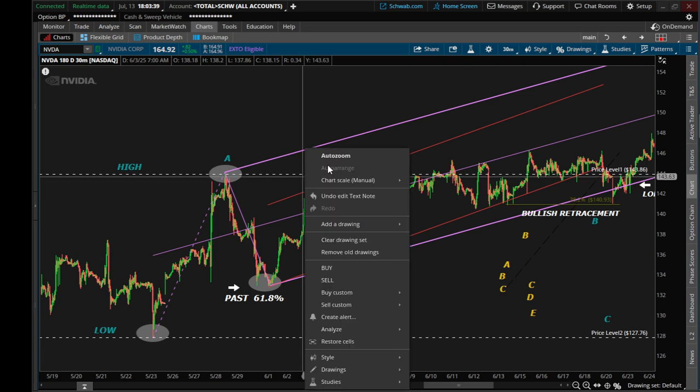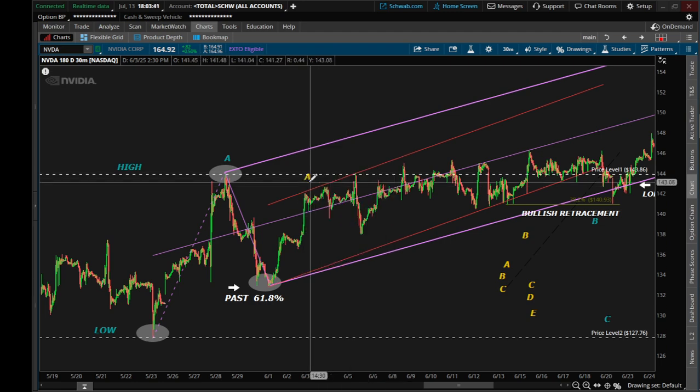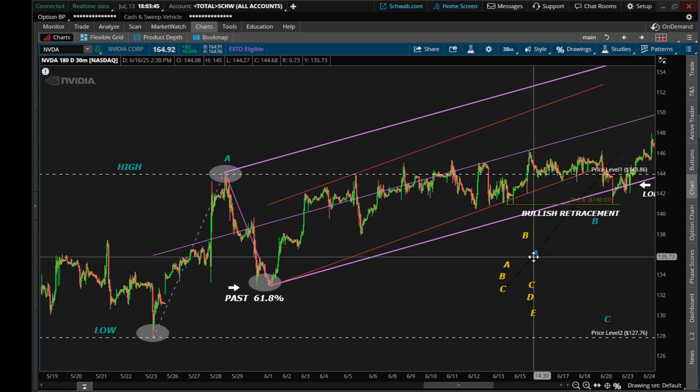We're not really focusing too much on how to label it today. Today I just want to show you how different tools can help you find the waves, more or less.